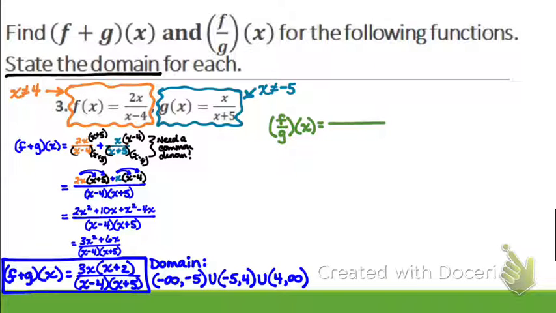This is going to look like a hot mess to start off with because f of x is 2x over x minus 4. G of x is x over x plus 5. Fractions inside of fractions. How do we handle this? Flip it. We're going to multiply by the reciprocal of the denominator.